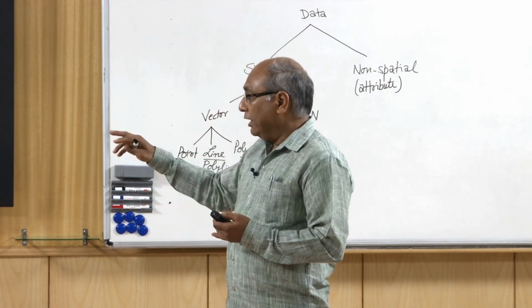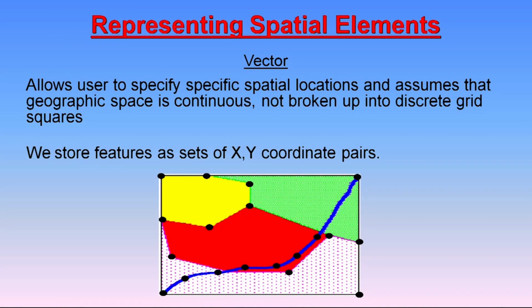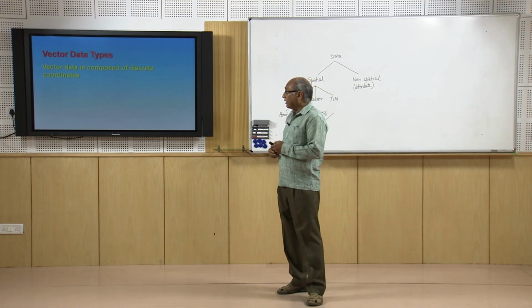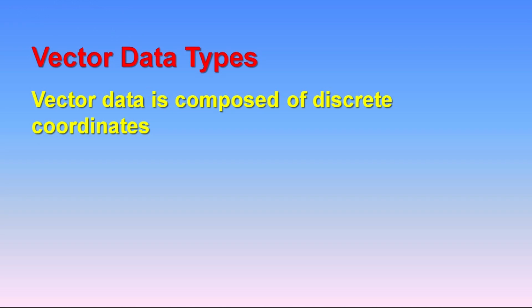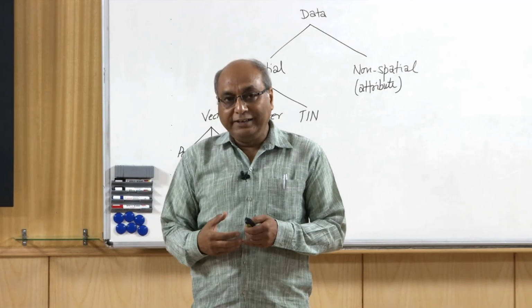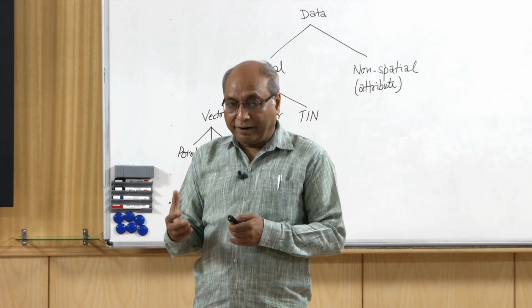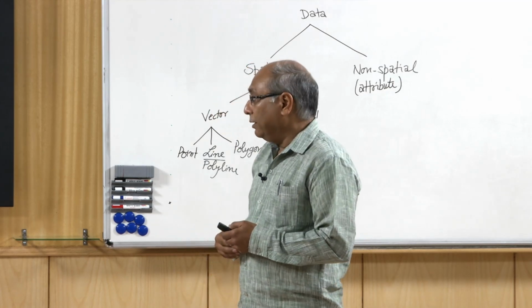There are two layers displayed here. One in the background is a polygon layer, and another one is a line layer. Point data is not there, but the coordinates or nodes or internodes for each line and polygon are also displayed as points. So vector data is composed of discrete coordinates, and is also called discrete data. It is not continuous like raster data, which we will see later on.